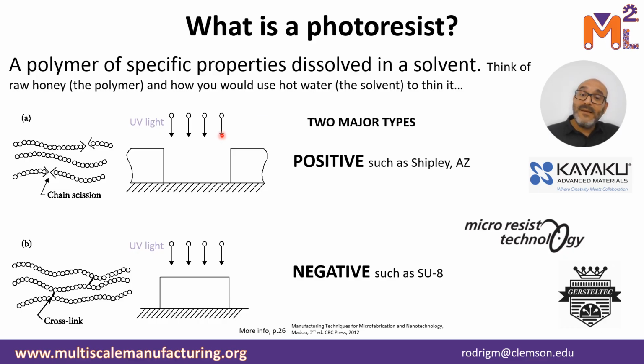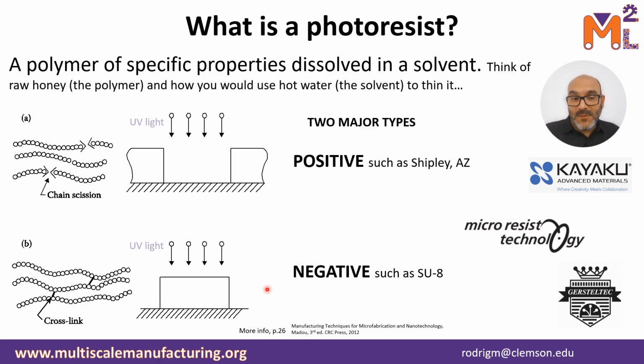On the other hand, when you expose a negative photoresist to that particular light of particular wavelength, instead of cutting the polymer chains, you cross-link them such that you can actually have a stronger photoresist that will sustain the attack of the developer at the end of the process.